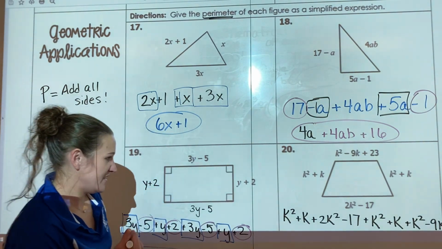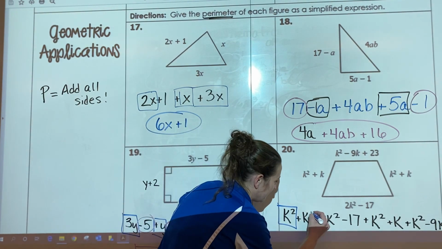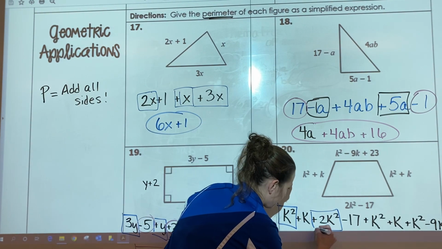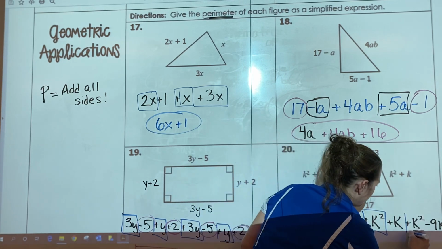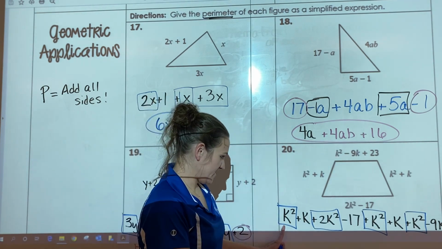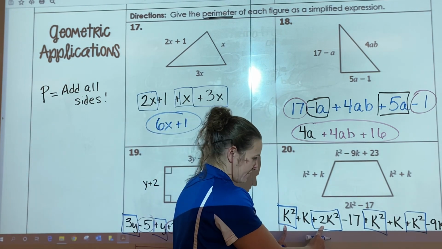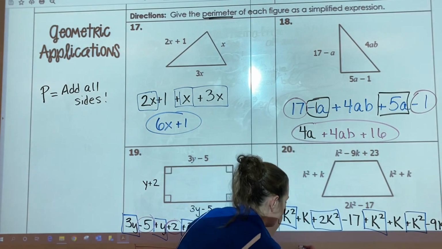k squared, that's what's jumping out at me first. Here's one. Here's one. Another one. All right. So I have 1 plus 2, which will give me 3, 4, 5k squared.